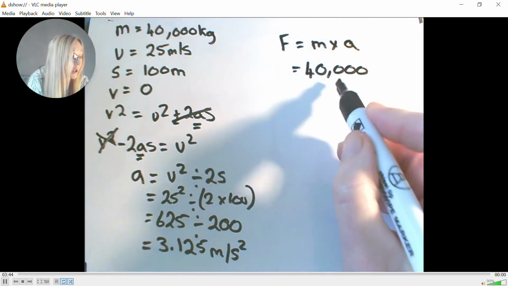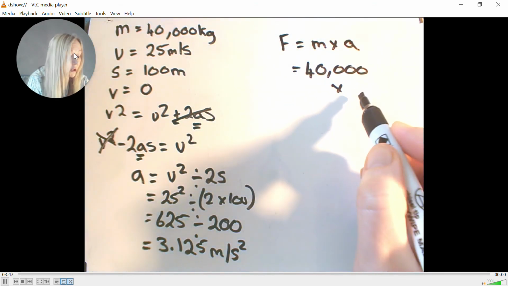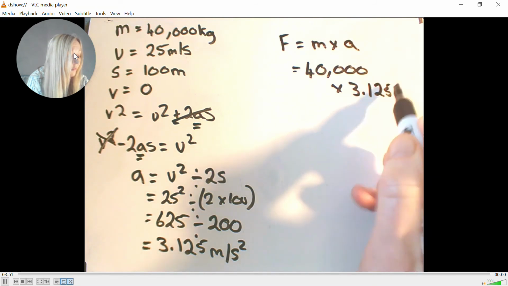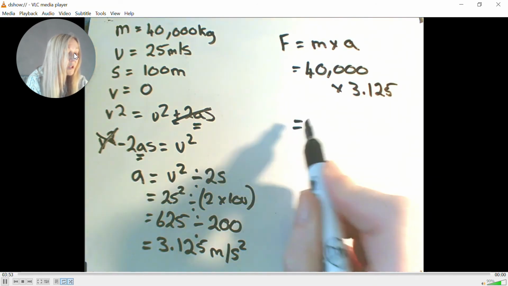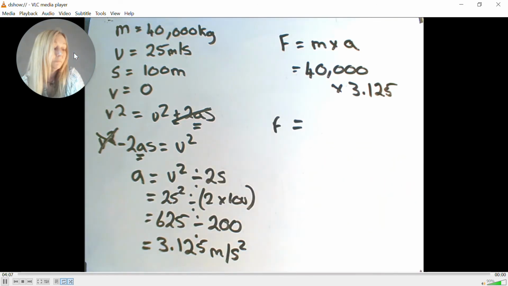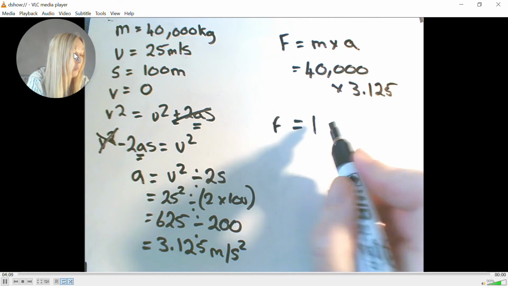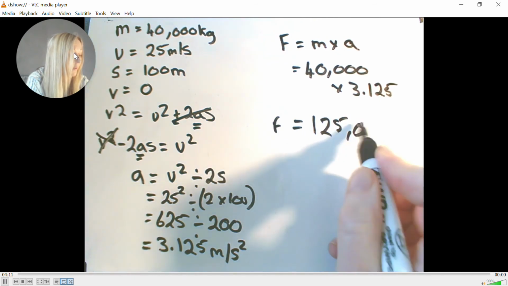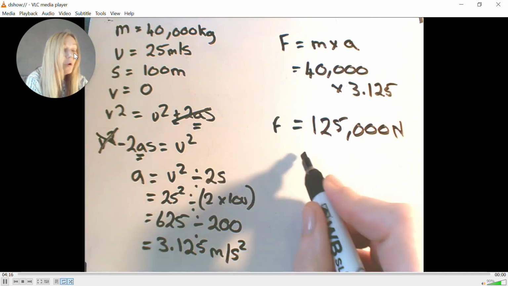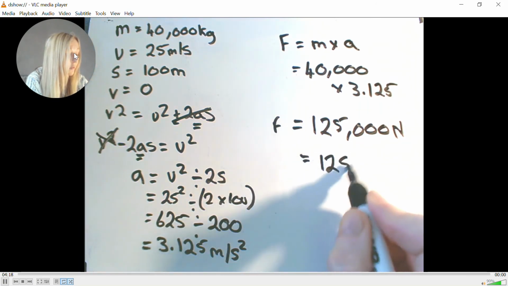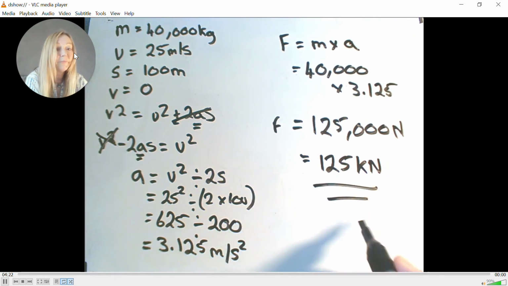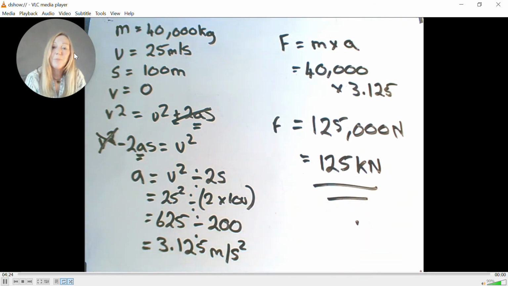We're going to times that by the acceleration of 3.125, which gives us an overall force of 125,000 newtons, or 125 kilonewtons. And so that's how you go about that problem.